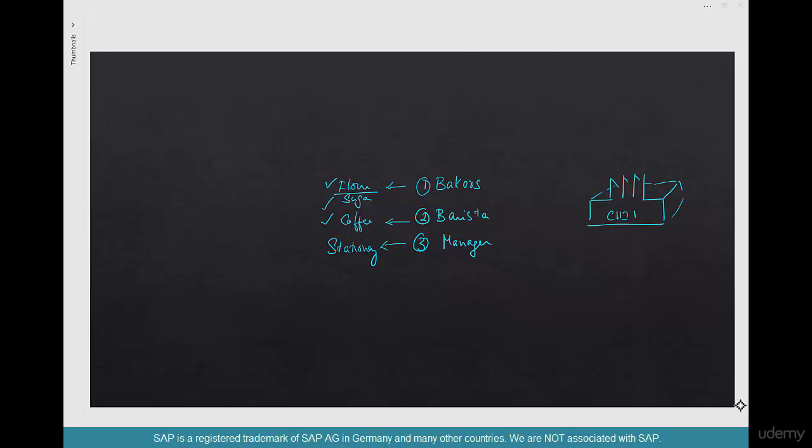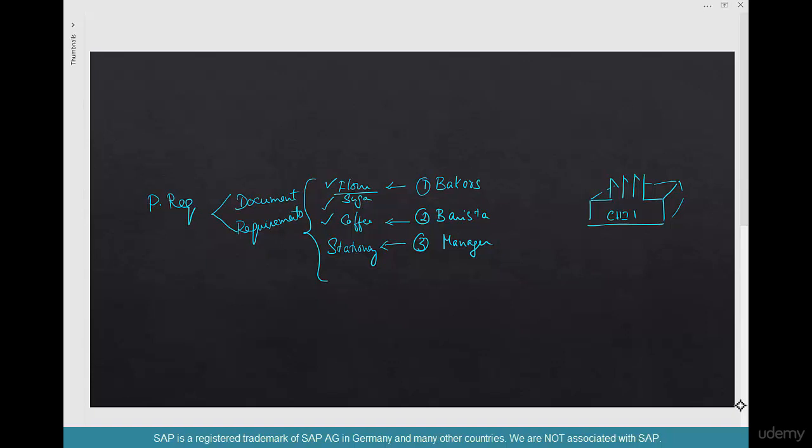So the way to formally document these requirements is called a purchase requisition. How do we document the requirements? These are documented internally in SAP or the system using what is called a purchase requisition or PREQ. So what is a PREQ?